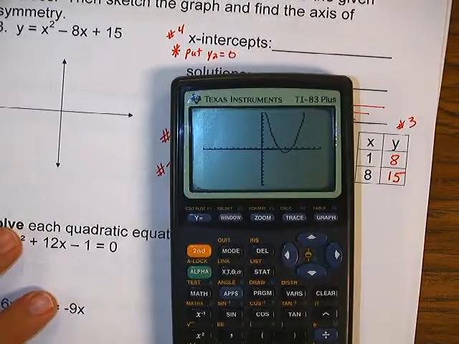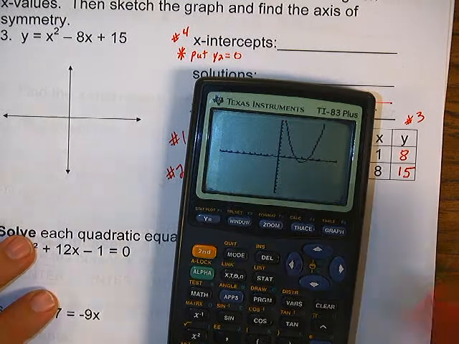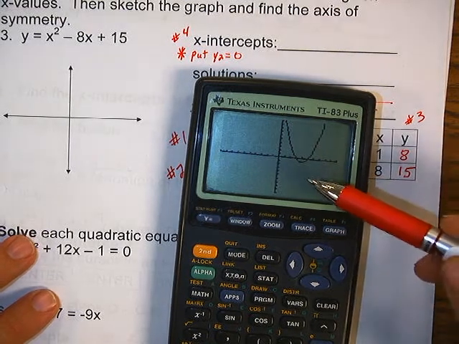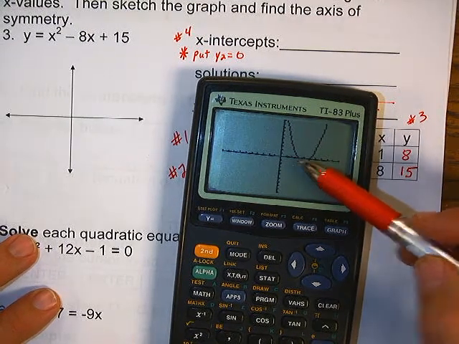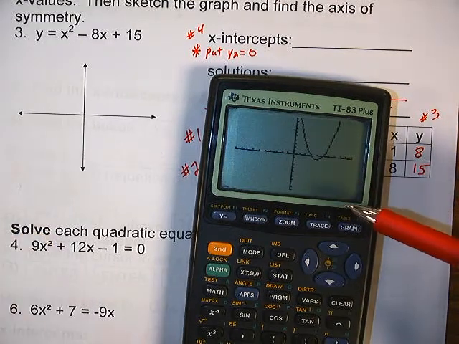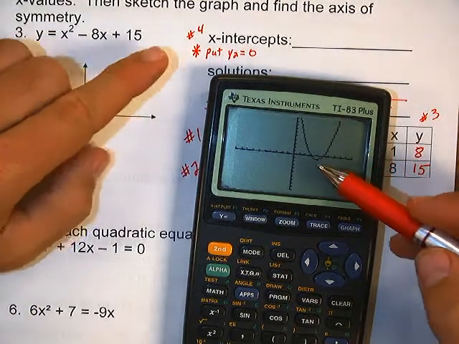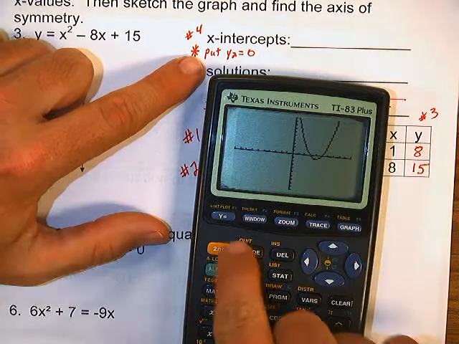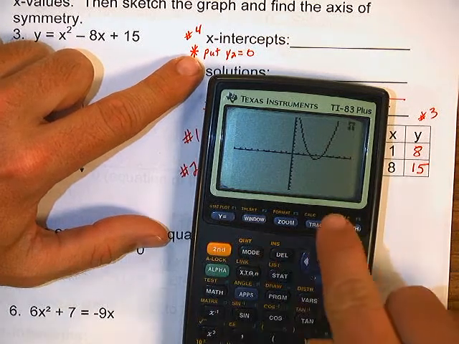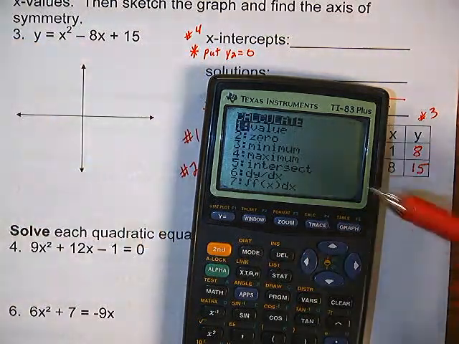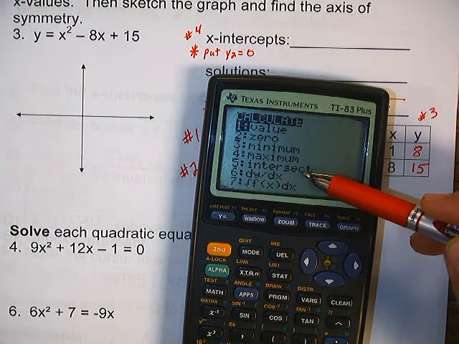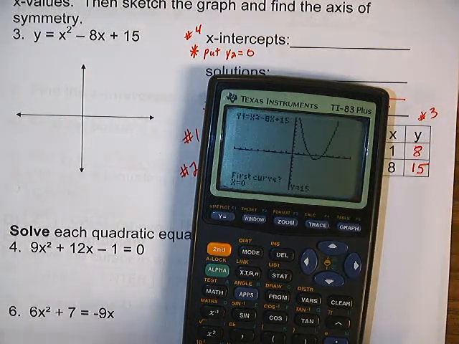There's our parabola. Now first of all, let's check to see if it crosses the x-axis. Yes, it does. How many times? It crosses twice. So let's find those two x-intercepts. To find the intercept, go to second calc again, and we're looking for number 5, where it intersects.